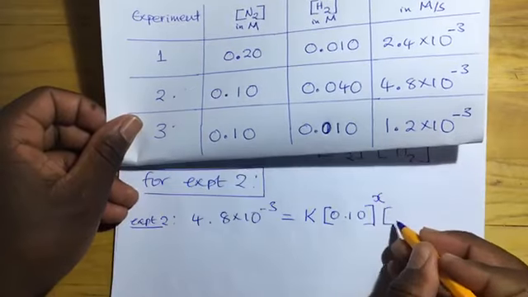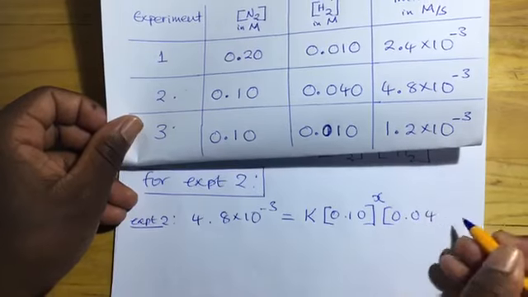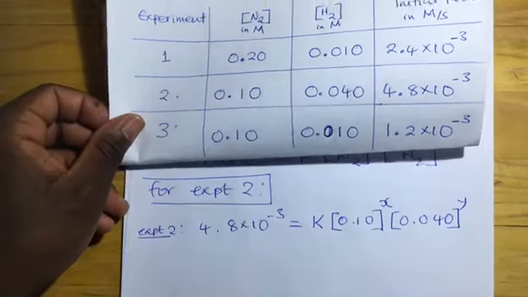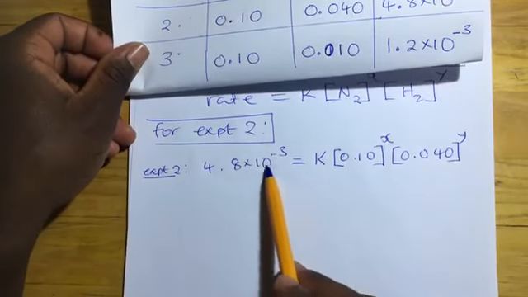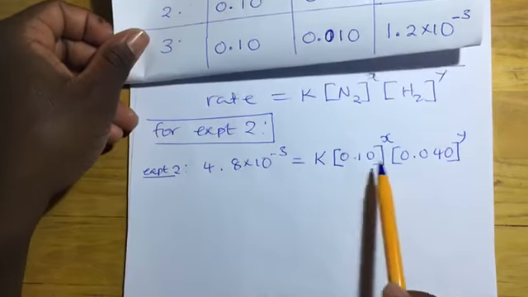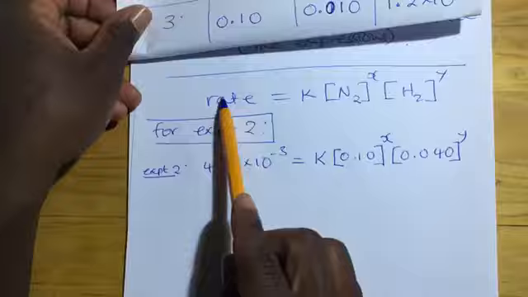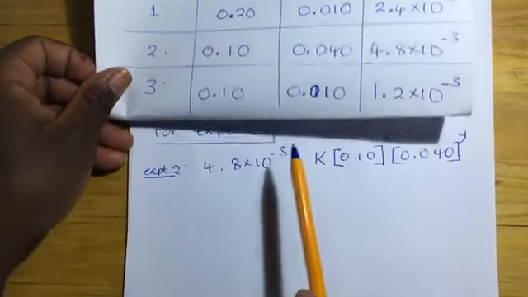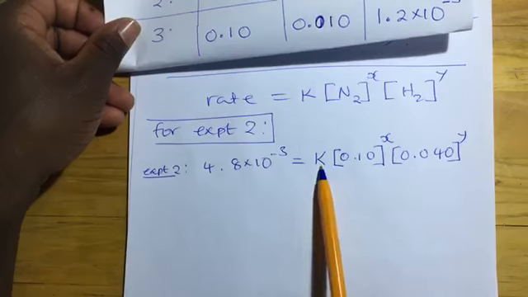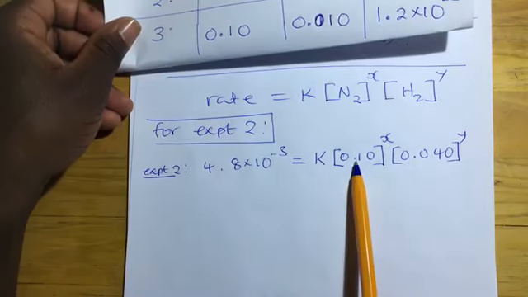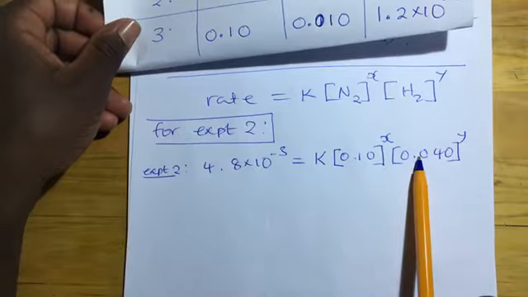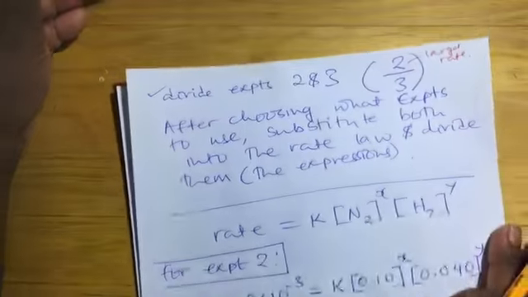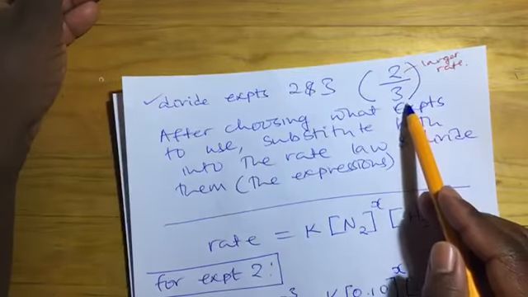Let's just include this 0 and then everything to the power y. This is my substitution in experiment 2. I've substituted the rate with the rate for experiment 2. K, I don't know what K is. I've substituted the concentration of nitrogen from experiment 2 and the concentration of hydrogen from experiment 2. Now, we said experiment 2 divided by 3.